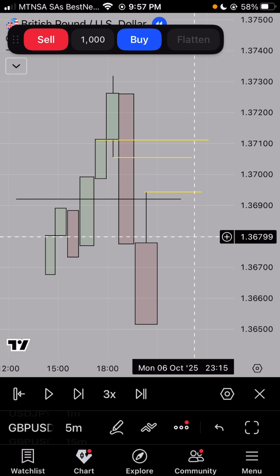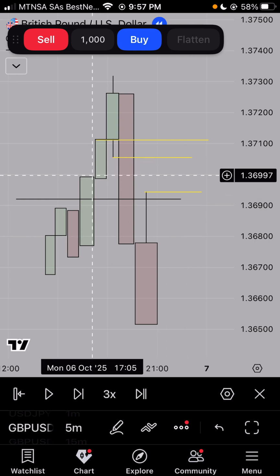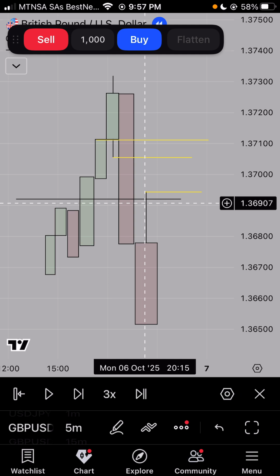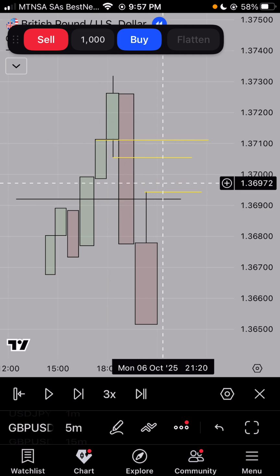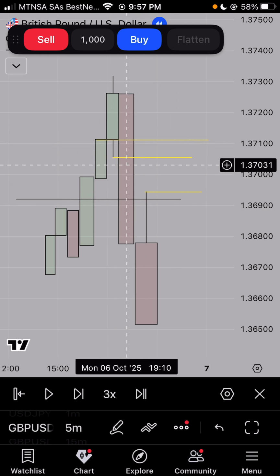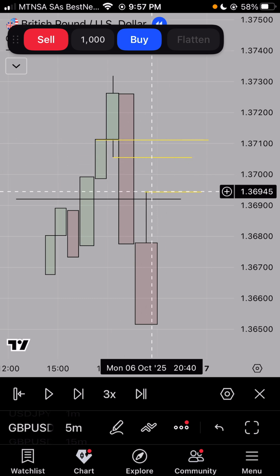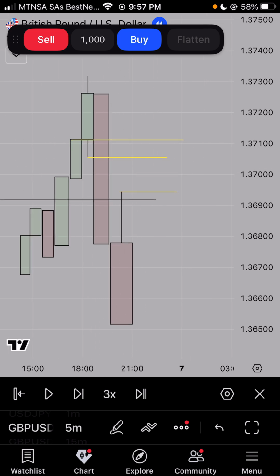So now what do you have? I removed this inversion right here because this is now the low of all our confirmations, and this is the high of our confirmations. So we have like 4 confirmations: inversion number 1, CISD, MSNR, and then normal fair value gap. So what do I do now?